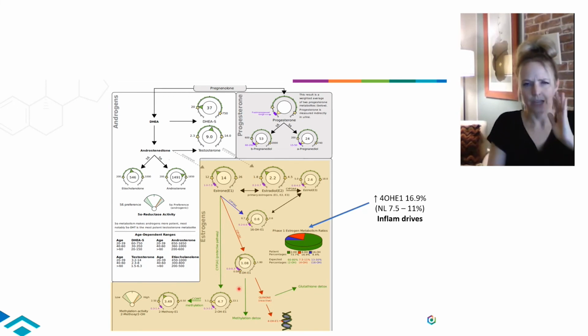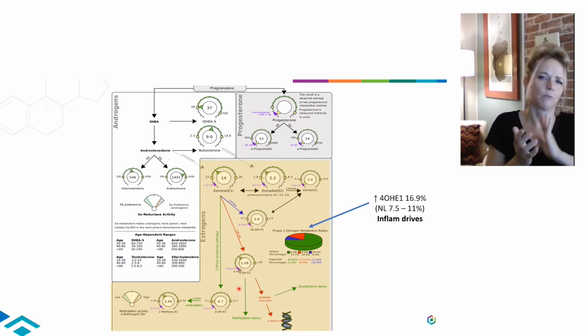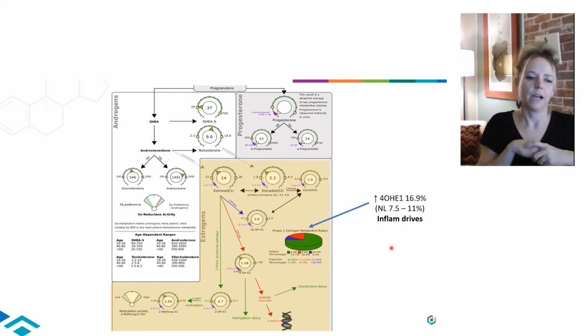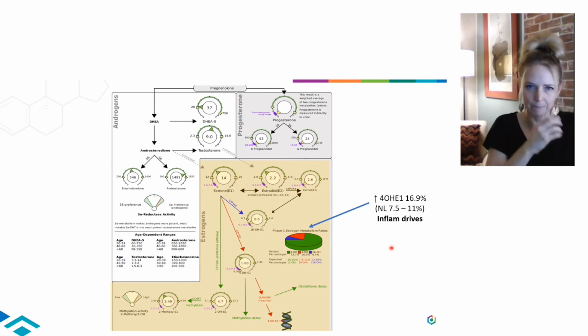I know sometimes we just kind of knee-jerk to DIM or indole-3-carbinol or sulforaphane, and you absolutely can go that route, and they do upregulate the 2-hydroxy pathways, and you can get there. But if it really is inflammation that's driving a lot of this picture, and we know that, we don't have to use therapies that are non-specific. We can go right after it.